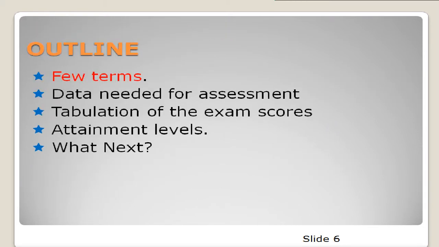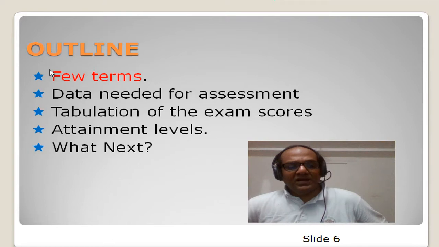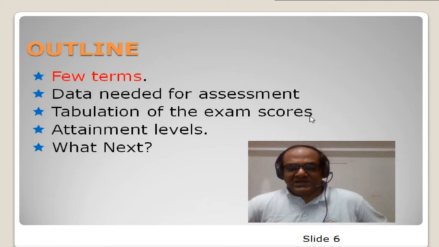Okay, the outline of the presentation: the first few slides define some terms that you may come across, what data is needed for assessment, what kind of tabulation is needed for exam scores and attainment levels, and a few concrete things that we need to do while we fill the self-assessment report. We'll spend quite a bit of time on tabulation of exam scores and attainment values. We define and show how they are computed and so on and so forth.